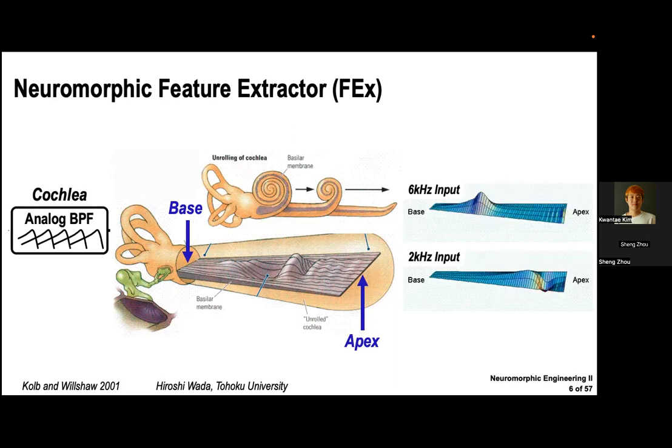And according to the position on this basilar membrane, different frequencies of input are stimulated in different places. For example, if we apply a 6 kilohertz input, then the position closer to the base point is stimulated. On the other hand, for 2 kilohertz, the position closer to the apex is stimulated.